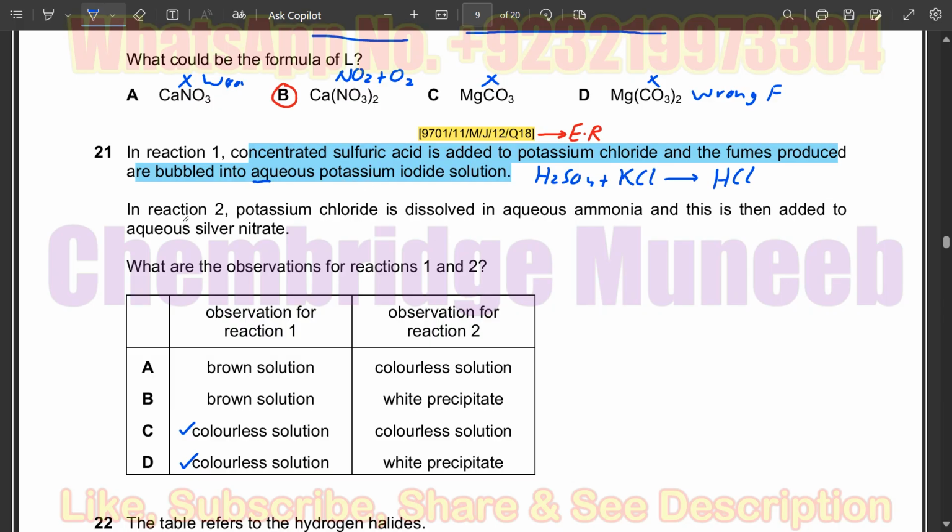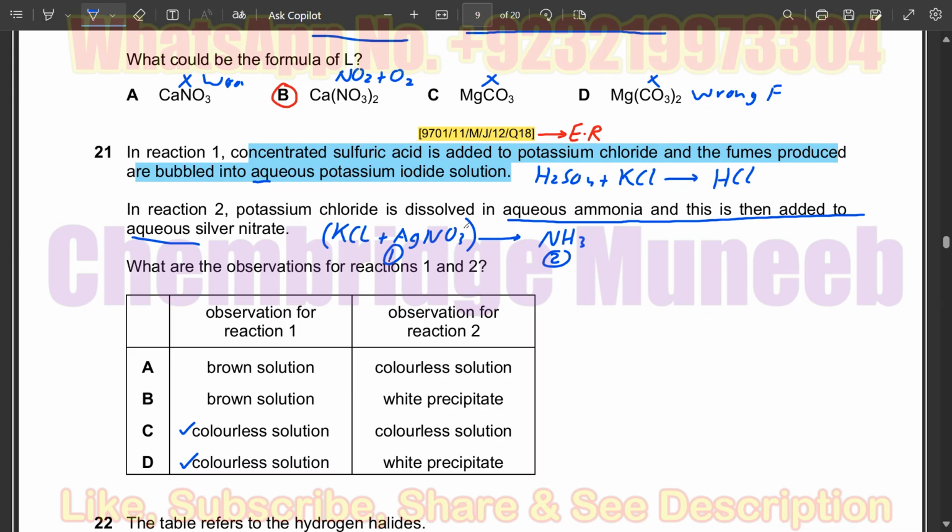Now observation 2, which means for reaction 2, KCl is dissolved in aqueous ammonia and is then added to silver nitrate. Basically, if you look at the question, they have reversed the process to identify the halide. We usually react the sample with the silver nitrate first and then the product is added to the ammonia. This is the first step and this is the second step.